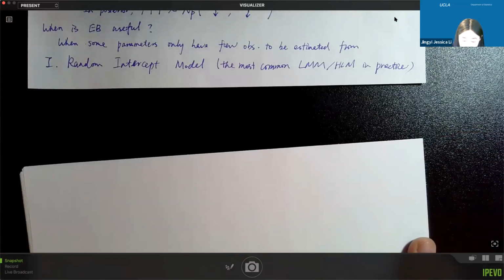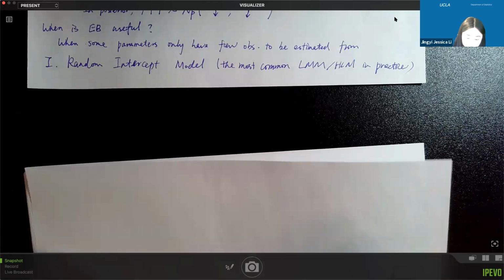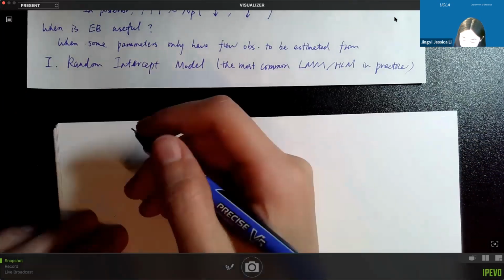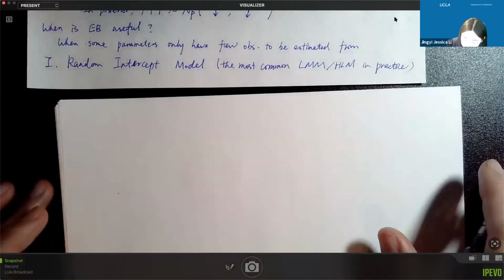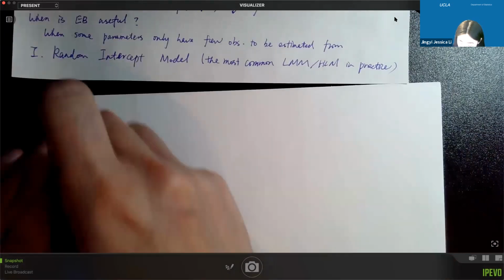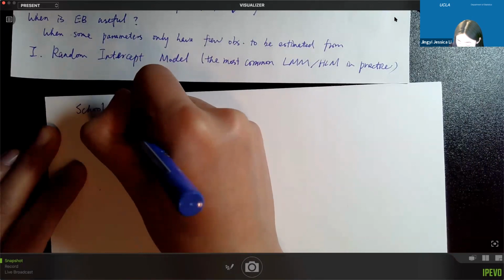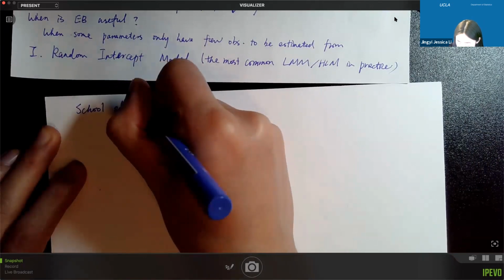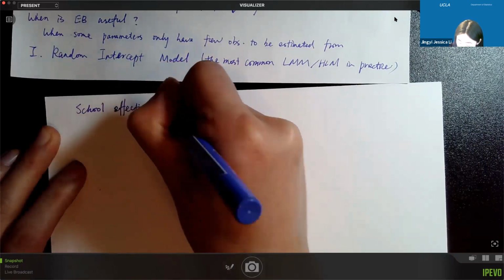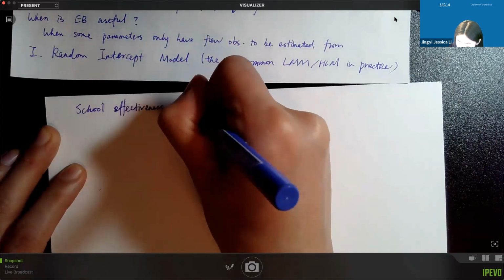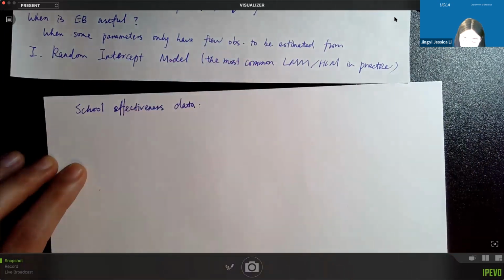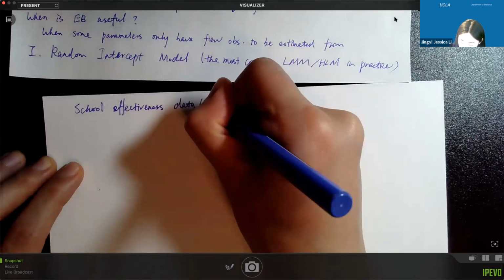So to start with, let's look at something we call a school effectiveness example, to motivate this model. School effectiveness data. You can check the notes. This data is from 1996.